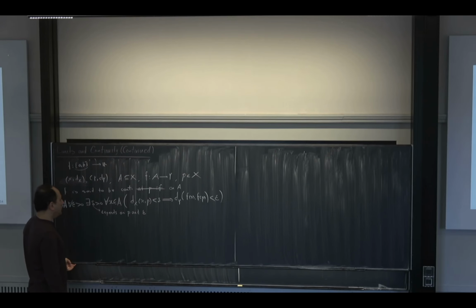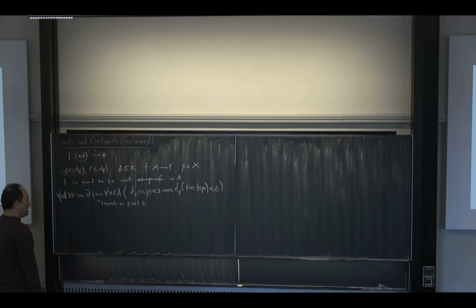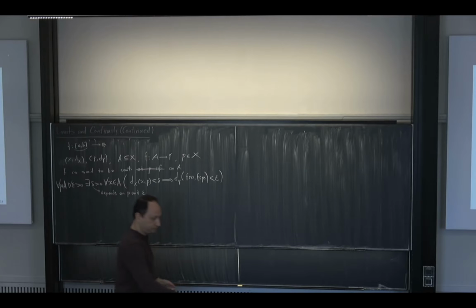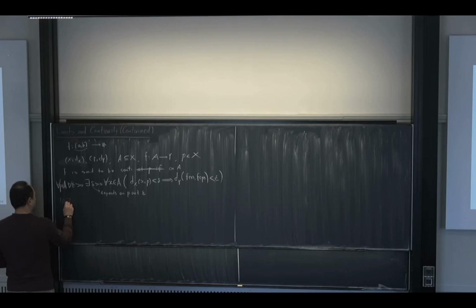Okay, but now, if I can find a delta that works for every pair, then that is the notion of uniform continuity. So now I want to define what I have written here. So it is 10.7. What setup do I have? I have the same setup.